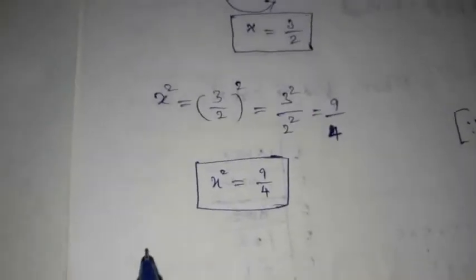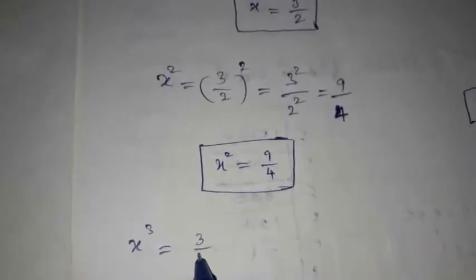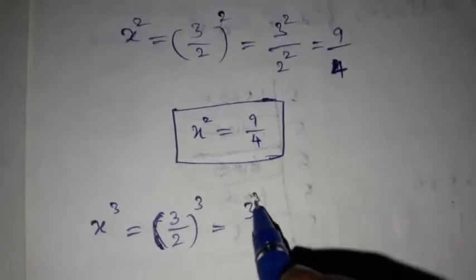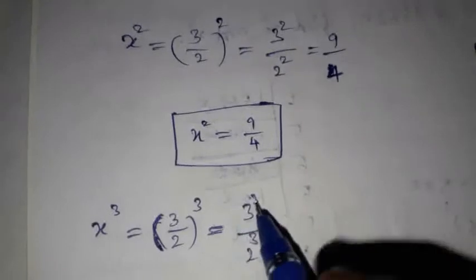Next we have to find the value of x cube. 3 by 2 the whole cube. It can be written as 3 cube by 2 cube by using a law.